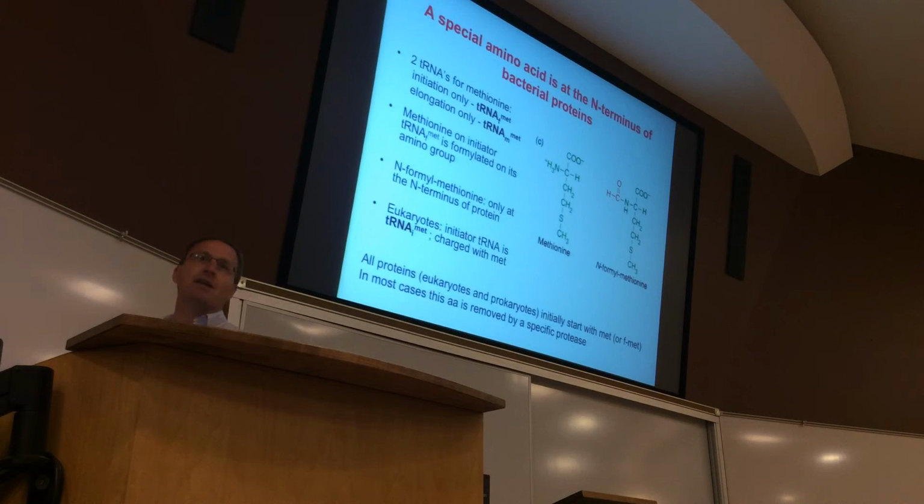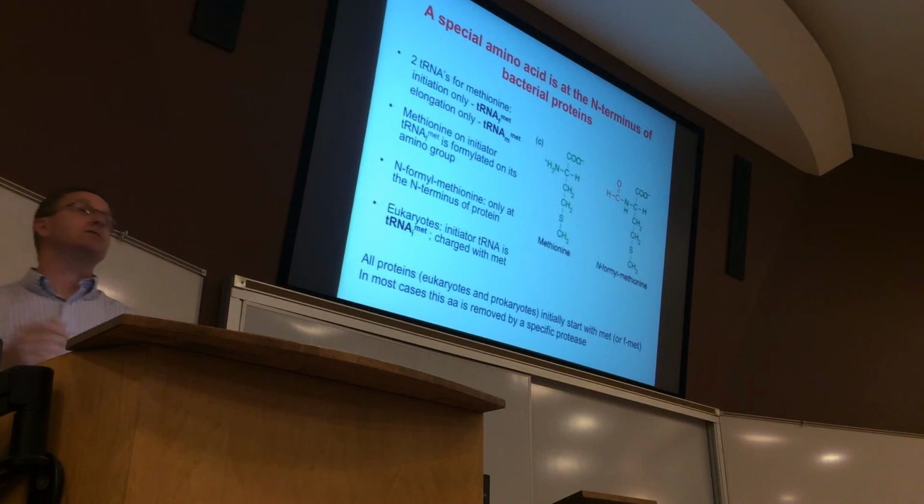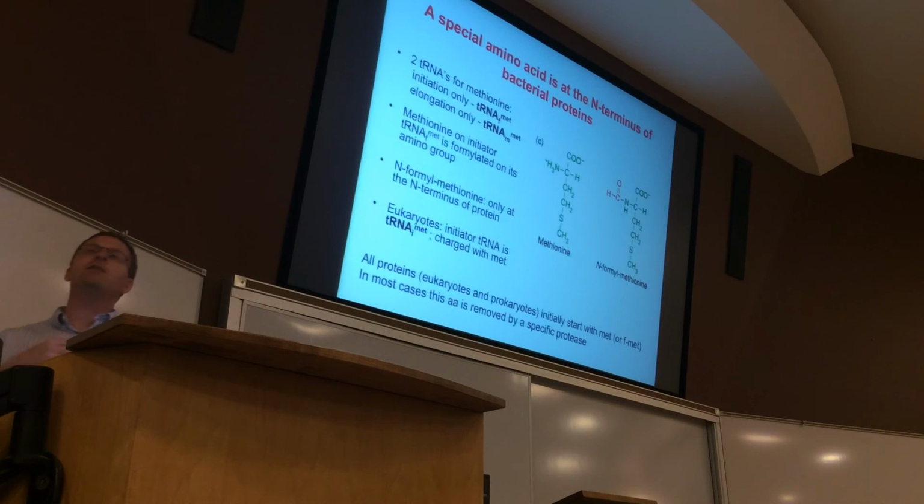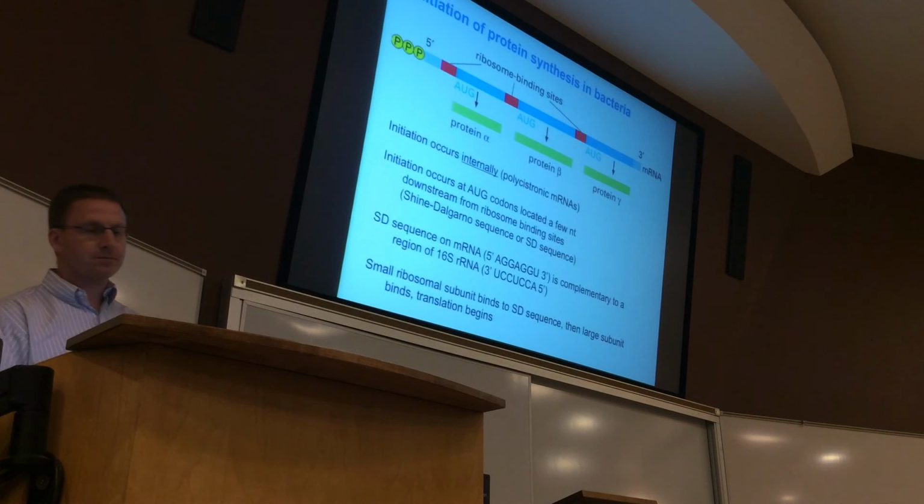I know it sounds like a lot, but it's really not that fancy. There's a special tRNA that you have to use to get the party started. Both eukaryotes and bacteria do that. In eukaryotes, you charge it with boring methionine. In bacteria, you charge it with a special methionine. So there is, in fact, a special aminoacyl tRNA synthetase that is responsible for charging the initiating tRNAs.